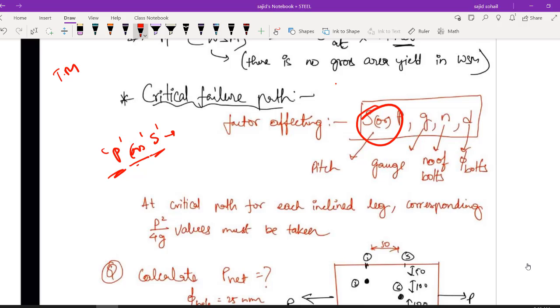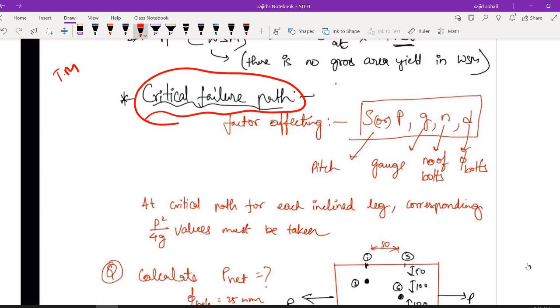P or S will represent your pitch only, G for your gauge, N is the number of bolts, and D is the diameter of bolts. These are the four important things which decide in which path your plate is going to cut. So: pitch, gauge, number of bolts, diameter of bolts.